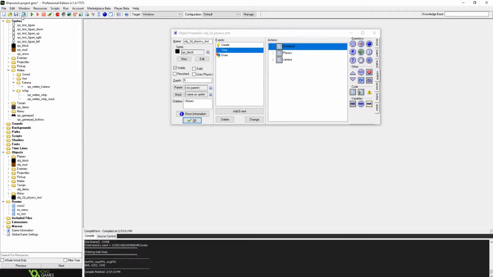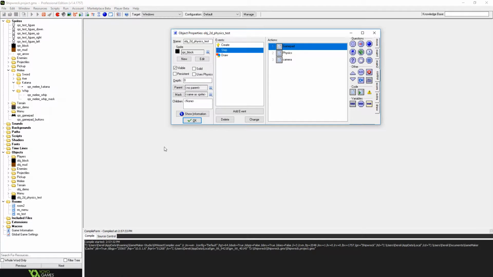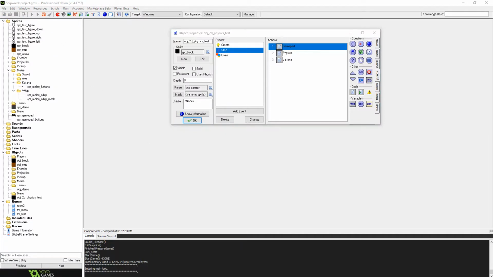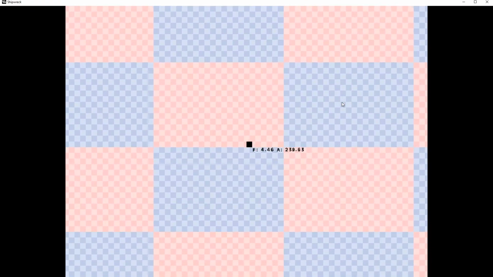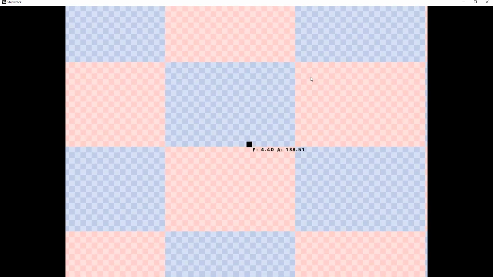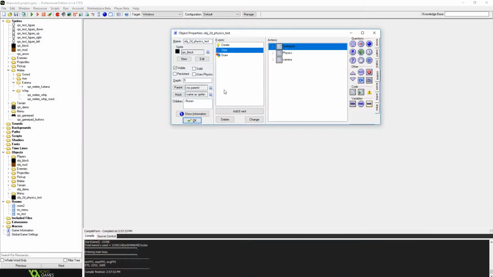I think that no matter what, we're gonna hit a threshold where it can't actually slow it down anymore. Yeah. I'm still confused why the angles are doing more.